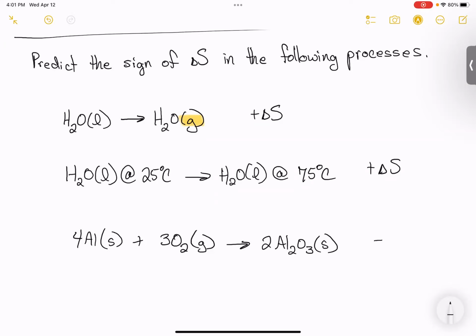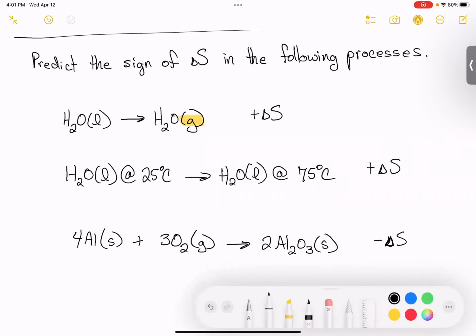This one would be a negative delta S because you have a gas on the reactant side. So there's greater chaos on the reactant side.